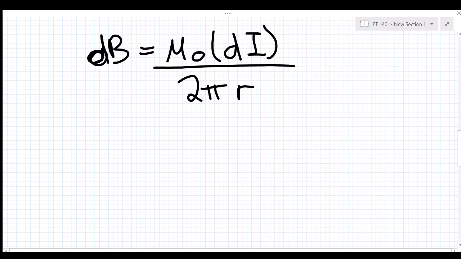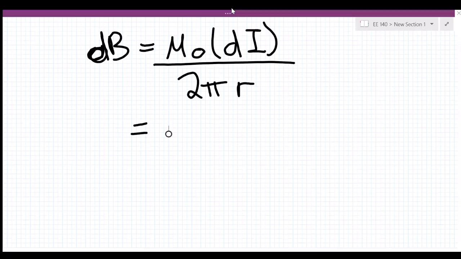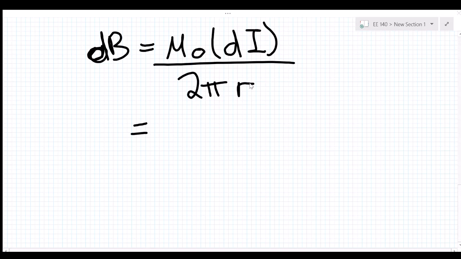To find the current in our dI, that would just be equal to the current over the length multiplied by the arc length of that tiny element.